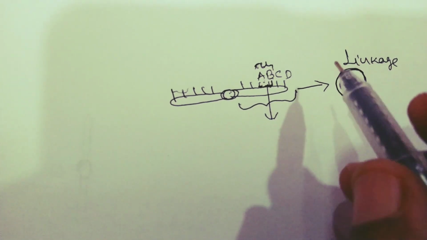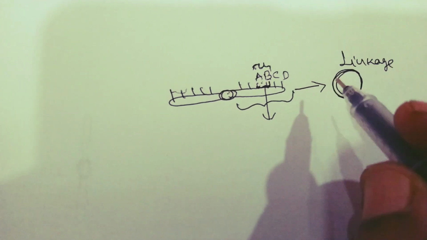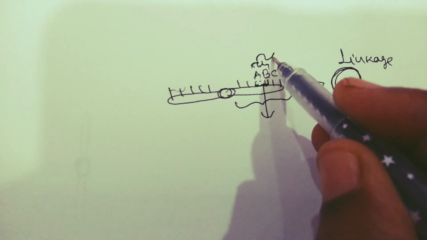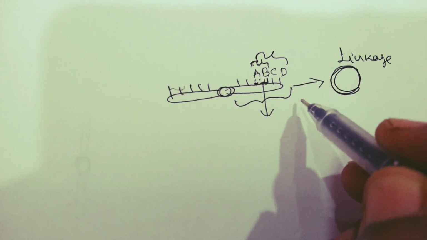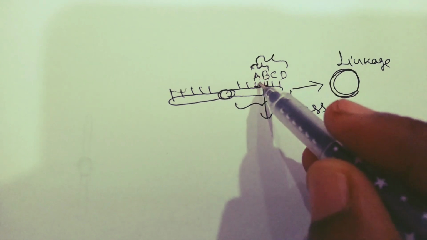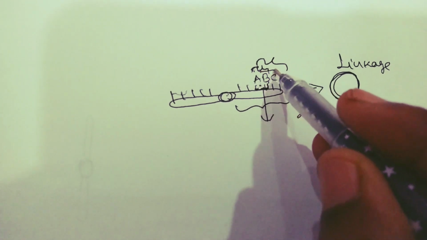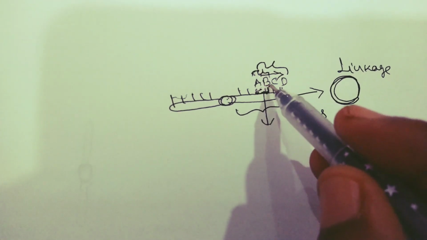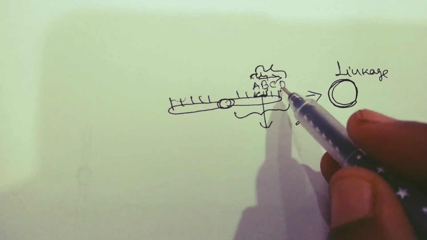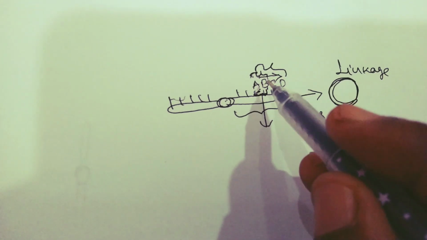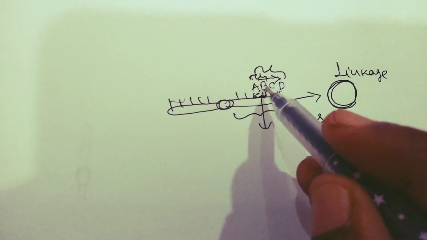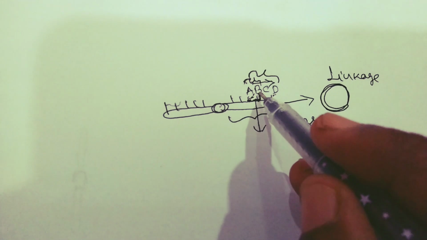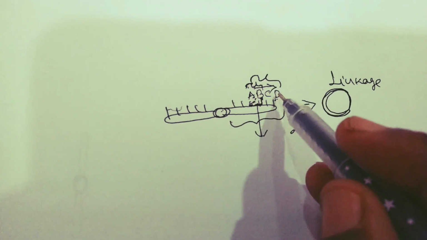But the linkage between A and D is less when compared to A and B, because D is far from A when compared to B. That's why A and B show much more linkage when compared to A and D.